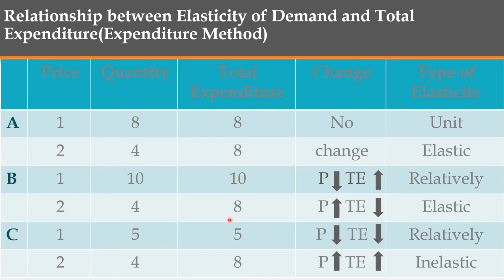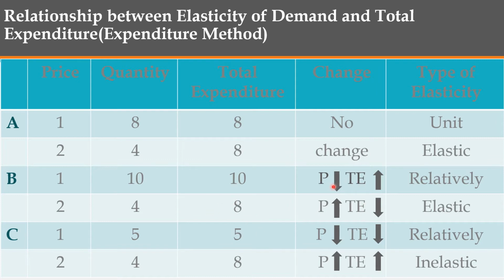The total expenditure at price 2 on good B is rupees 8. So we see something happening here. When price falls to rupees 1, total expenditure rises to rupees 10. And when the price rises to rupees 2, the total expenditure is seen to fall to rupees 8.